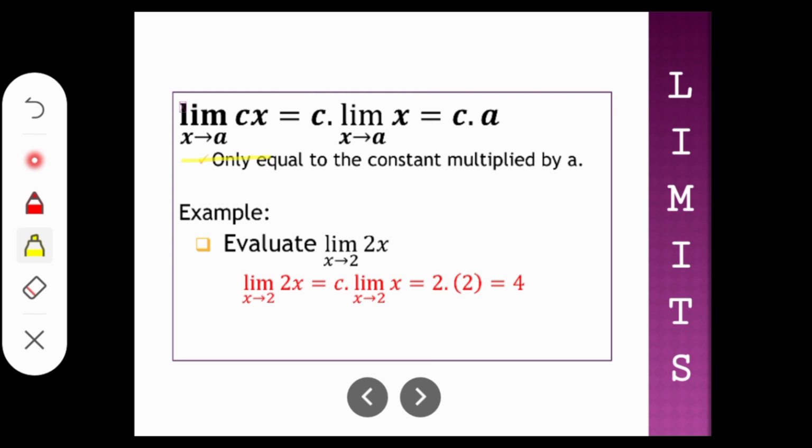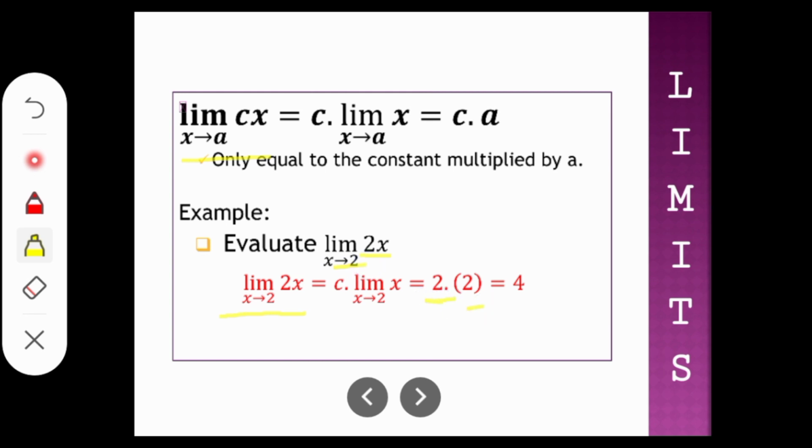For example, evaluate the limit of 2x as x approaches 2. The limit of 2x as x approaches 2 is equal to our constant c times the limit of x as x approaches 2. The value of our constant here is 2, so we put the 2 here, and then the value of our a, which is also 2.